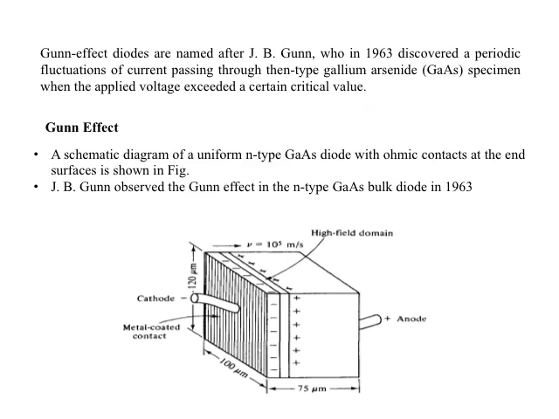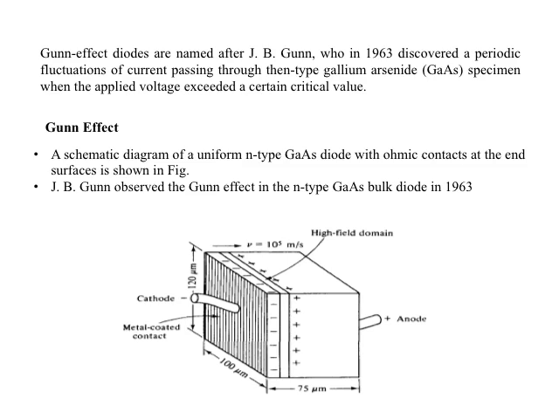This is called the Gunn effect. Due to this, there exists a region of negative resistance, resulting in generation of the signal. Now let us discuss the Gunn diode and the Gunn effect.